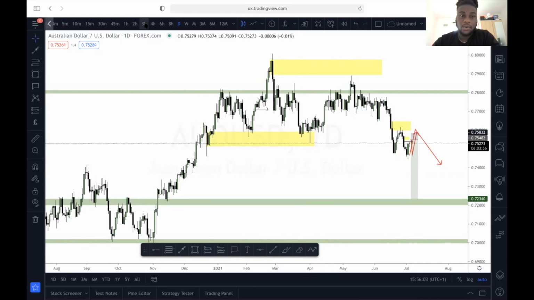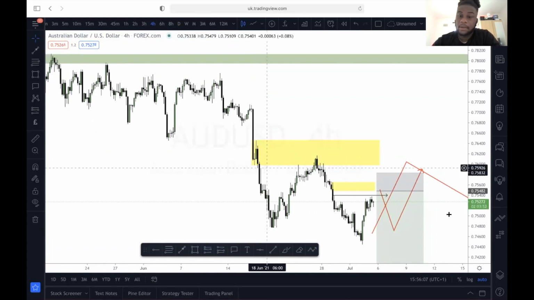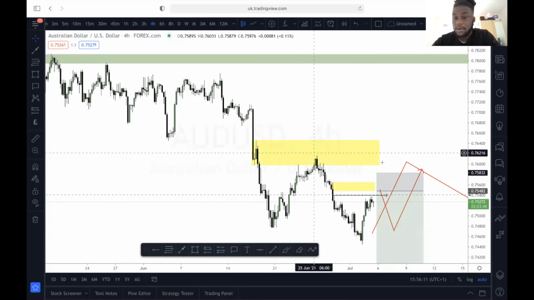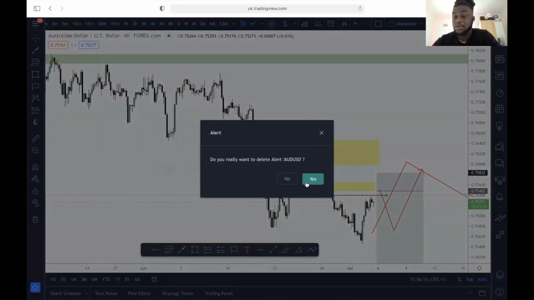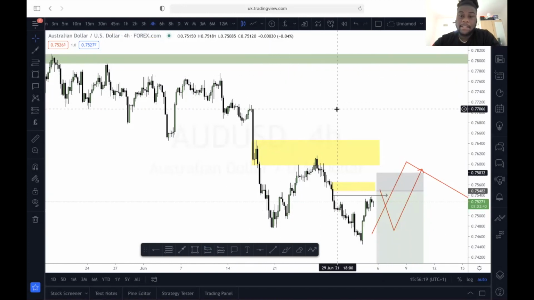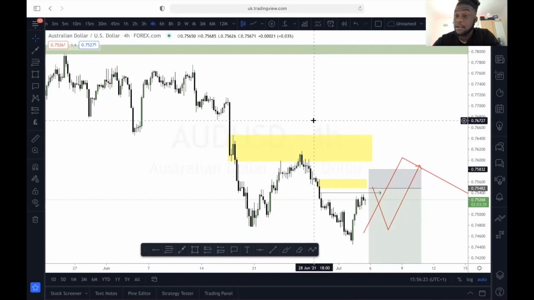Now, what you want to do is keep up to date with your setup. Maybe you want to use price alerts, where you'll get notified whenever you come close to your setup or price is hovering in and around the same zone. And just follow the market as it goes. If you are a beginner and you are learning, I would advise you to demo trade this.